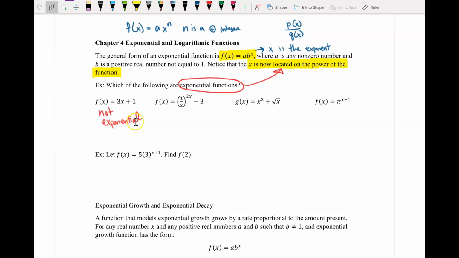Okay. Now let's look at this one. In this case, the x is up in the sky, it is now an exponent. So this would be considered an exponential function. So this guy's exponential. All right, here it seems like we have a polynomial and a radical function. This is by no means an exponential function, so this is not exponential.